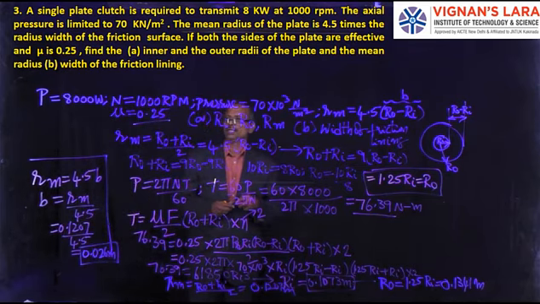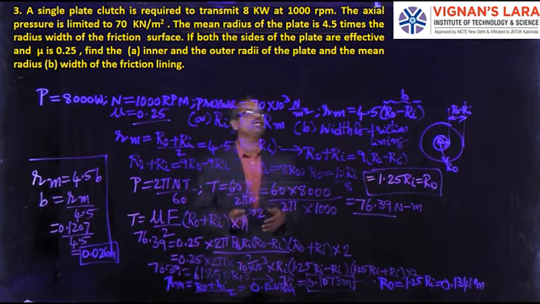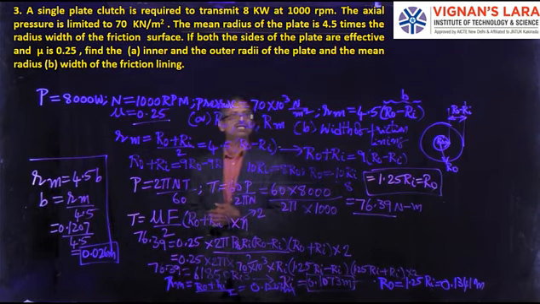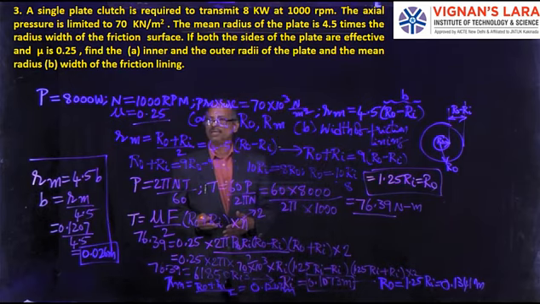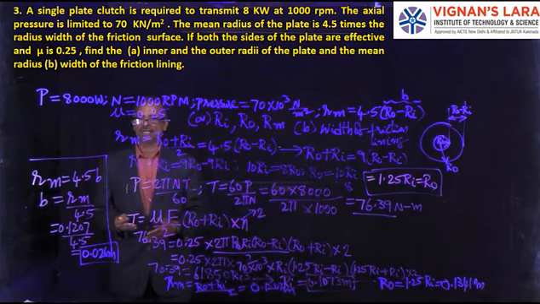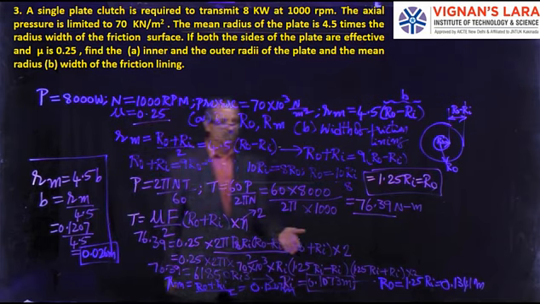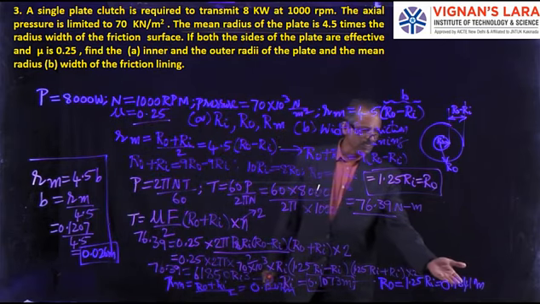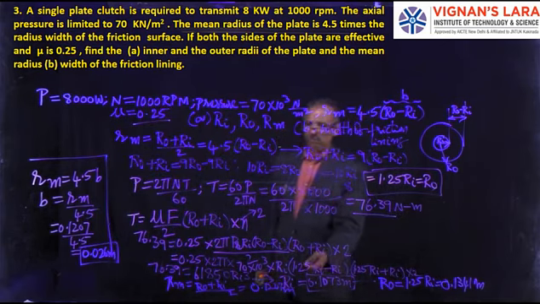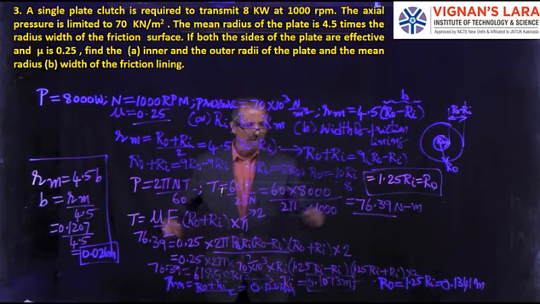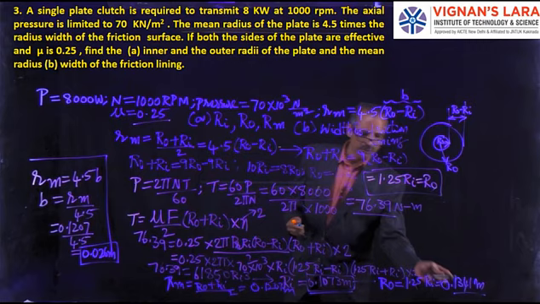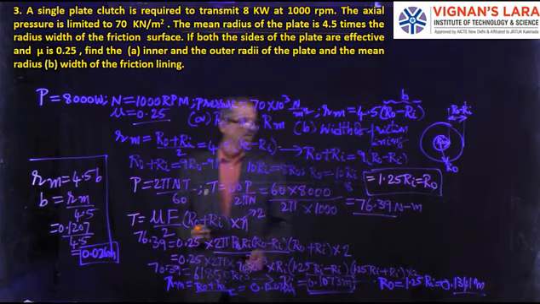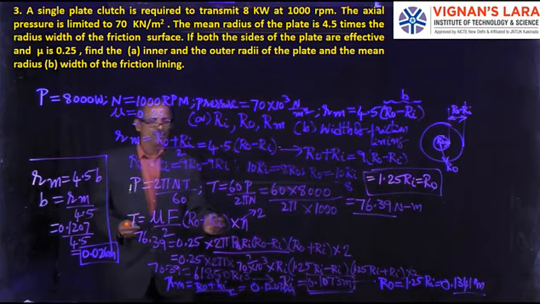Or else you can get it directly. The width which we defined is R naught minus Ri. The difference is simply 0.1341 minus 0.1073.